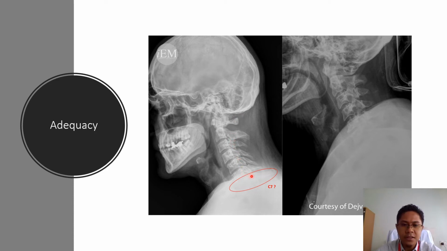As you see, C7 here is not even visualized. This is another example: C1, C2, C3, C4. So this is an example of an inadequate cervical X-ray. In these instances, we might have to repeat the cervical X-ray, or proceed to the CT scan.